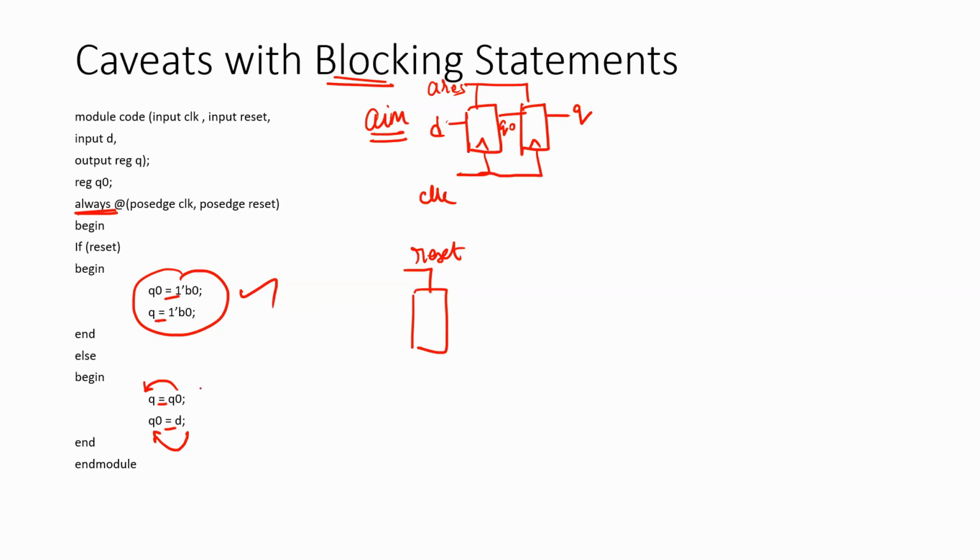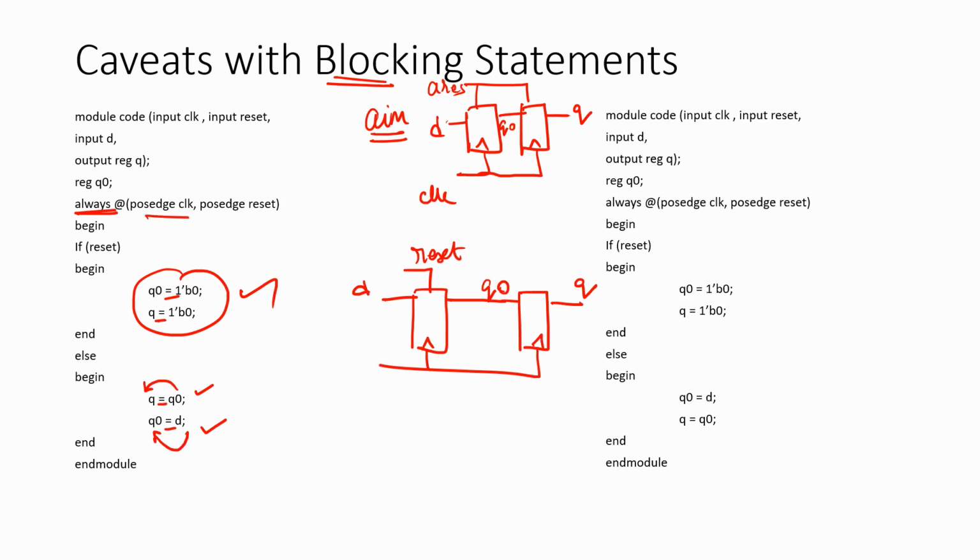So first this statement executes, then this statement executes. So Q0 is assigned to Q and then D gets assigned to Q0. All these things are happening within the passage of the clock, so we get a flop like this. Now this looks correct, right?